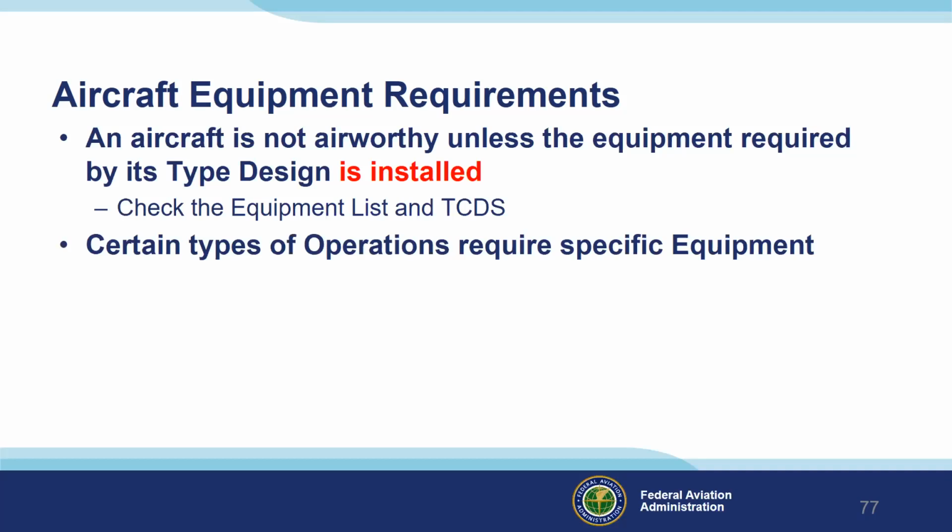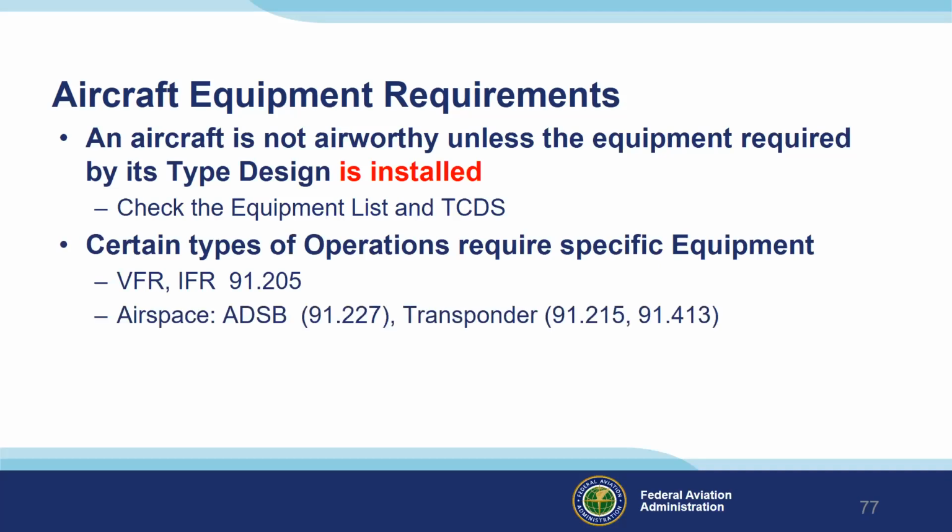Certain types of operations require specific equipment, and even though it's more of an operational concern, you should be aware that VFR and IFR types of flight require different types of equipment. That is in 91.205. Some airspace requires certain types of equipment.